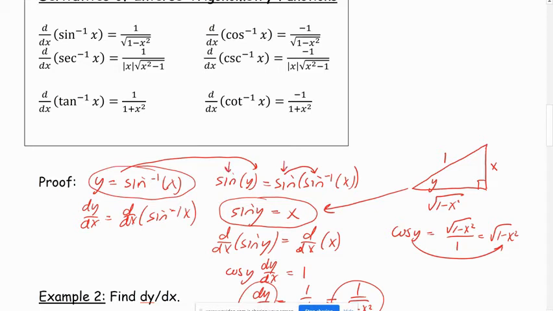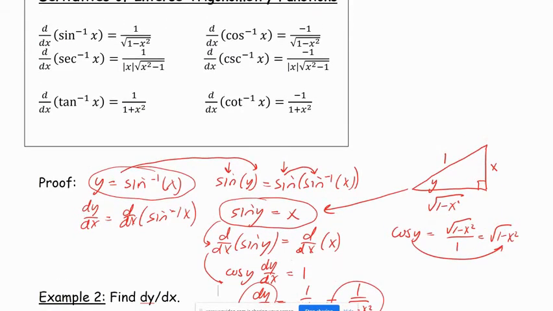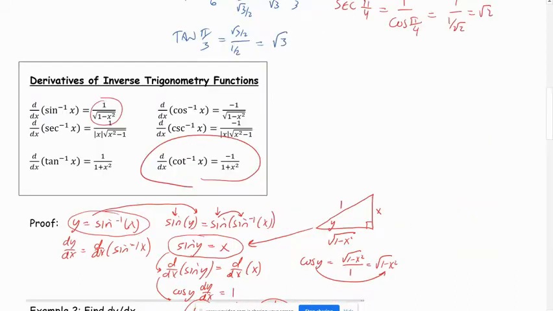I took the sine of both sides to get rid of the inverse function, and then I took the derivative implicitly, and then I used a right triangle to find the third side, and then I'm able to come up with the trig ratio that I want. So I encourage you to try any of those and see if you can prove any of those 6 derivatives that are given in the table.